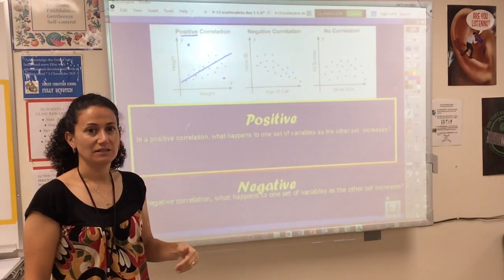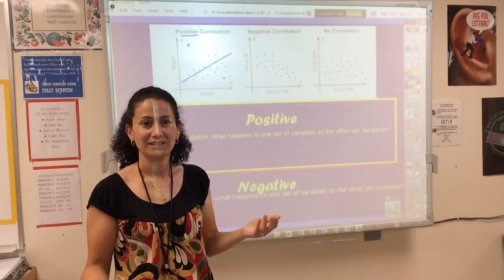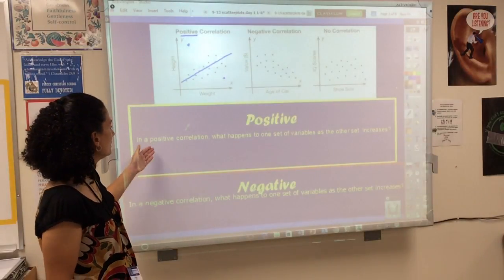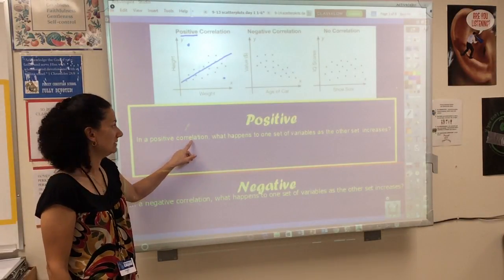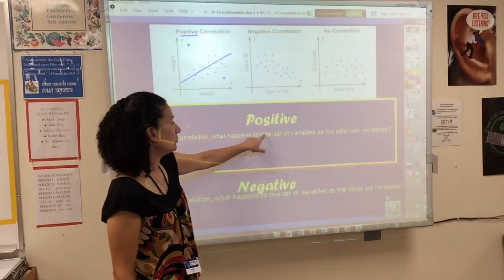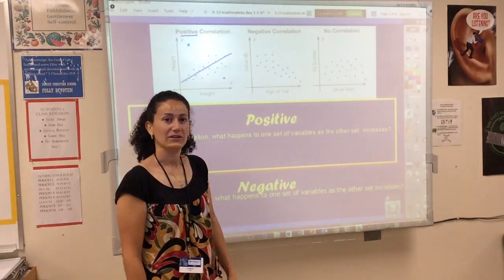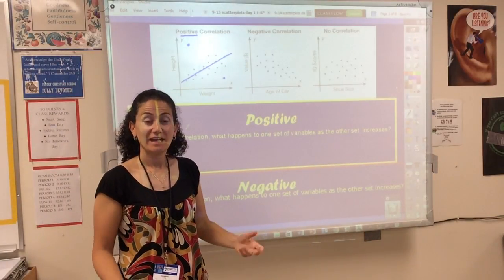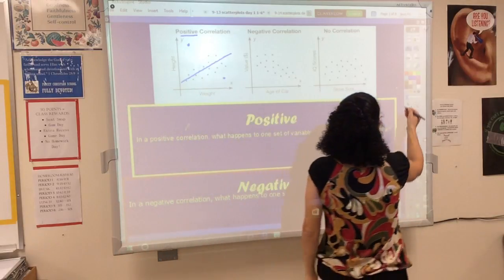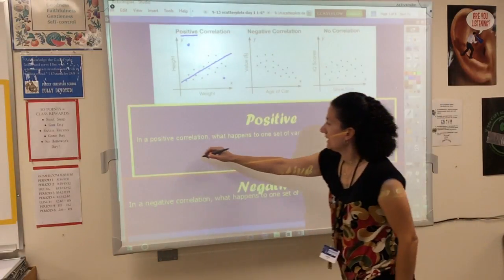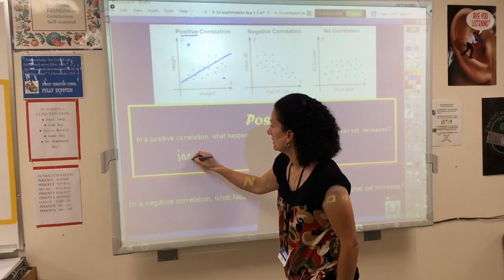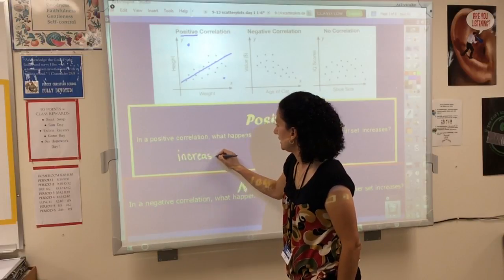Did you notice that I said the word increase, increase? In a positive relationship or correlation, what happens to one set of variables as the other set increases? They also increase. So you can write that down. In a positive correlation, you have both variables increasing.